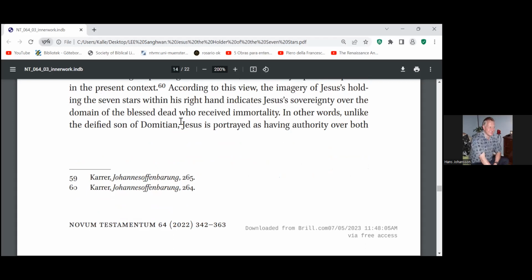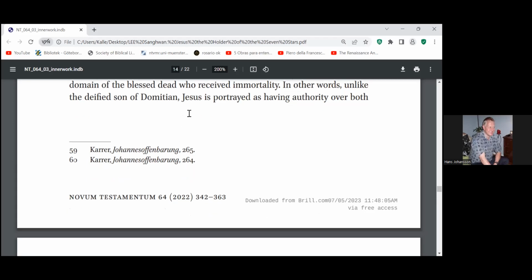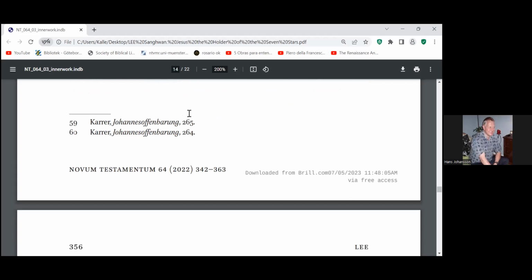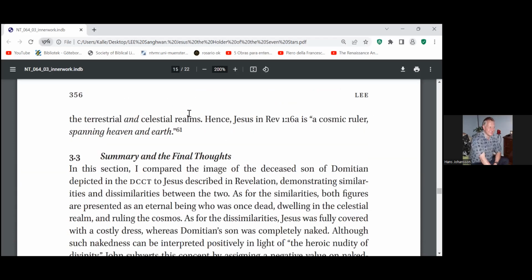According to this view, the imagery of Jesus holding the 7 stars within his right hand indicates Jesus's sovereignty over the domain of the blessed dead who receive immortality. In other words, unlike the deified Son of Domitian, Jesus is portrayed as having authority over both the terrestrial and celestial realms.